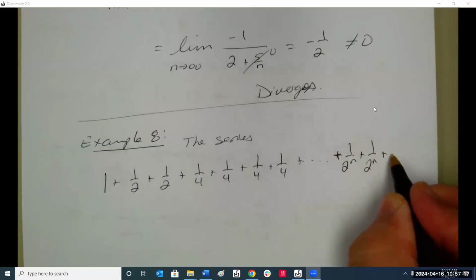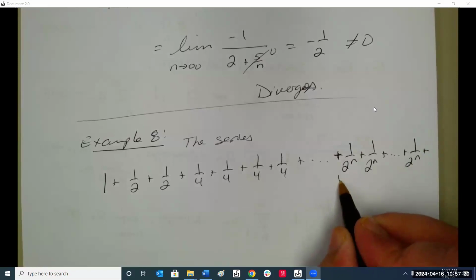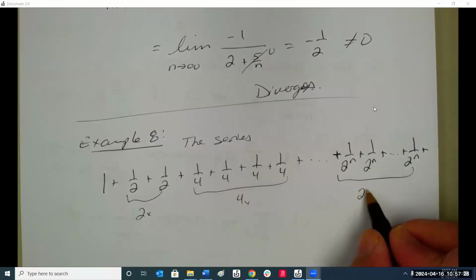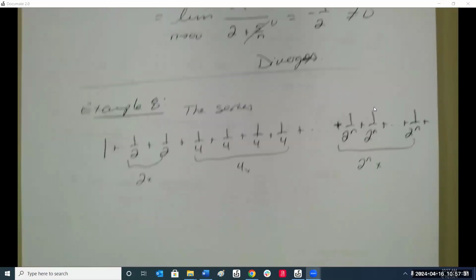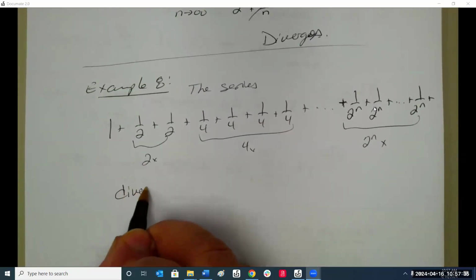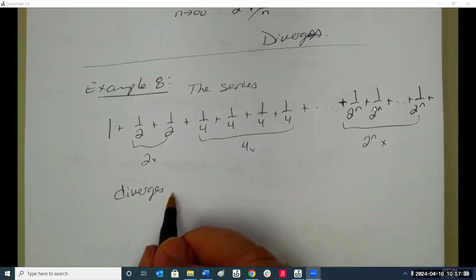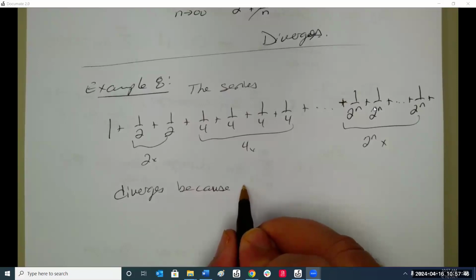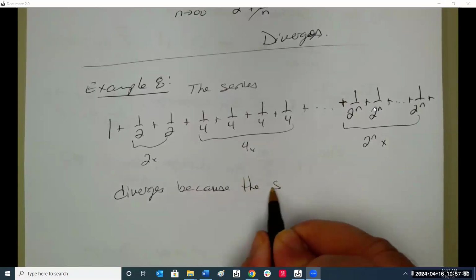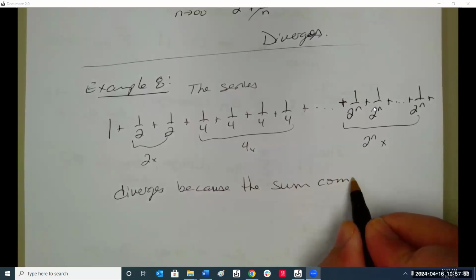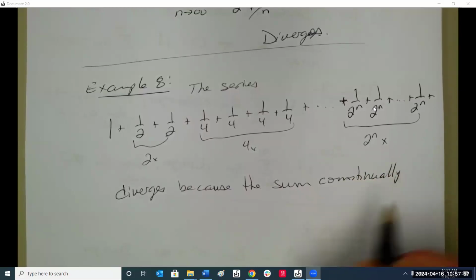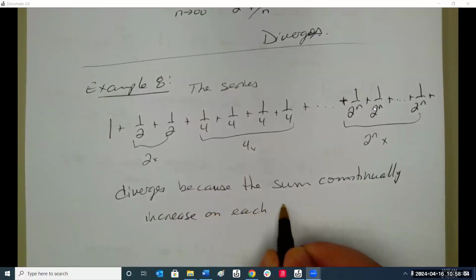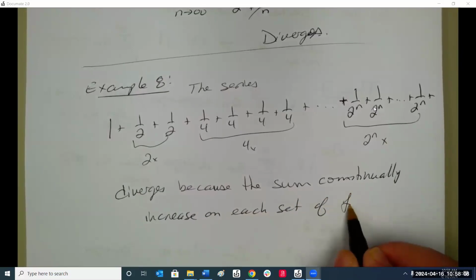It diverges because the sum continually increases on each set of fractions.